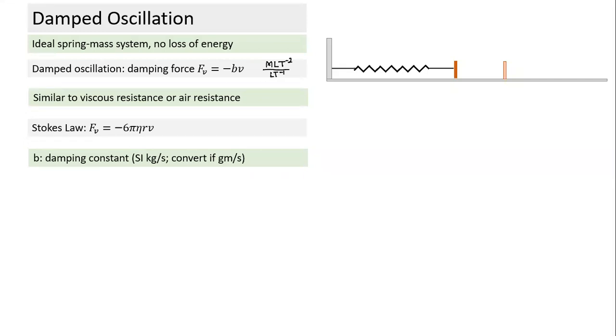So the SI unit is kg per second. Sometimes if the damping constant is given in grams per second in a question, we need to convert it into SI units. That's the damping constant unit, so in any question based on the unit we can spot that this is the damping constant.